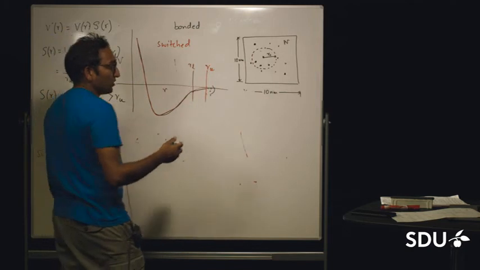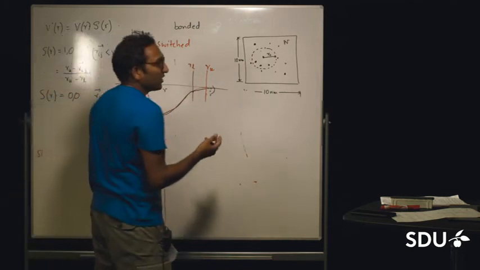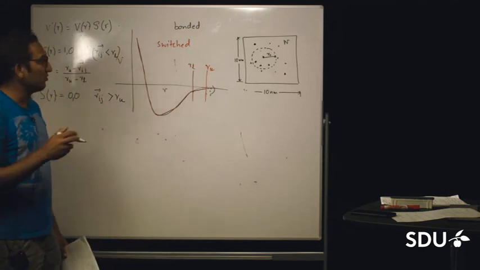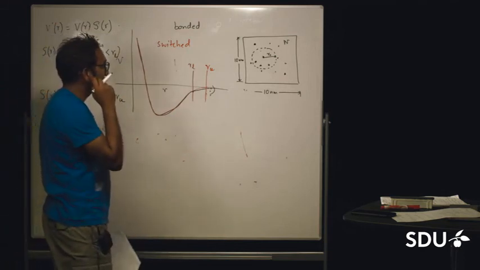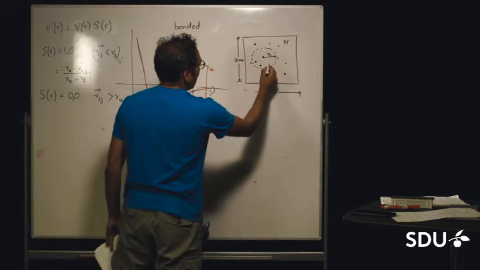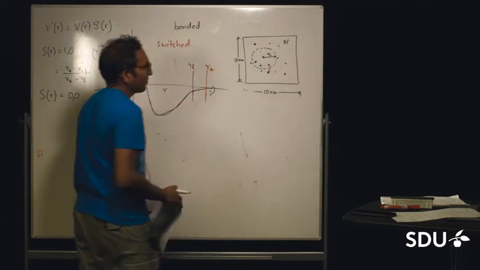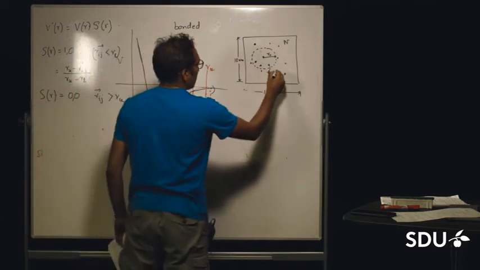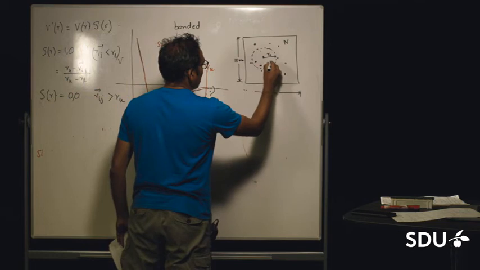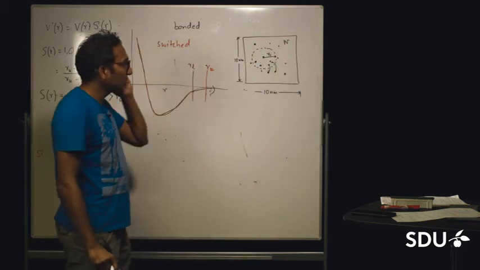One can make the assumption, since we will end up simulating mostly liquids, that during a single time step of 10 to the power of minus 15 seconds, 1 or 2 femtoseconds, it is very unlikely that this particle will cross this boundary, or this particle will come inside the cutoff radius of my central particle.